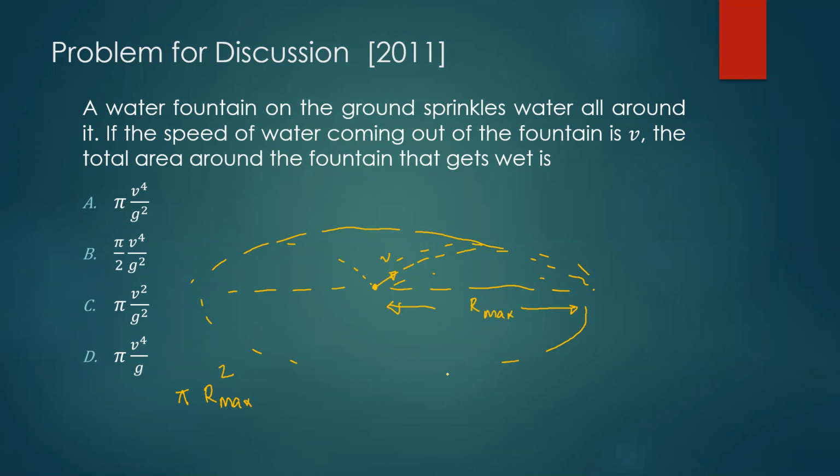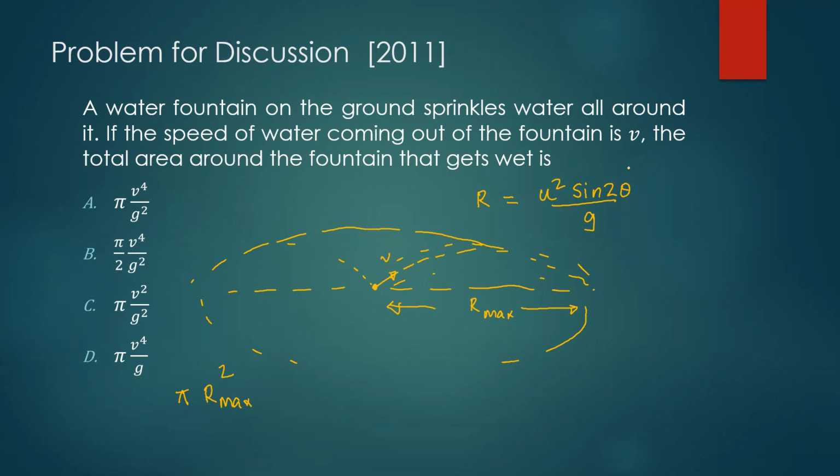Now, how do I get the maximum possible range? If you look at the expression for range, you know that it is u square sine 2 theta by g. For maximum range, I will select an angle of 45 degrees so that sine 2 theta becomes 1.